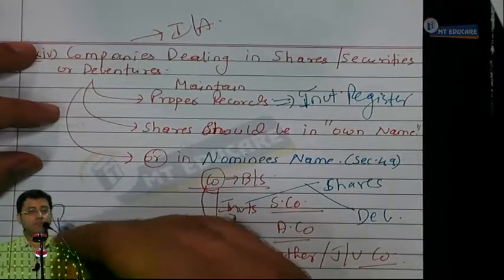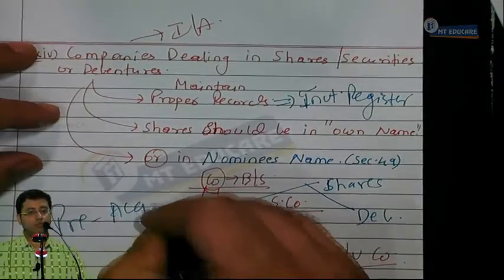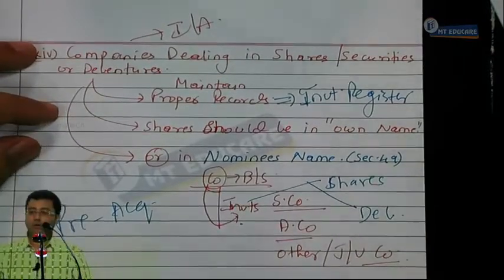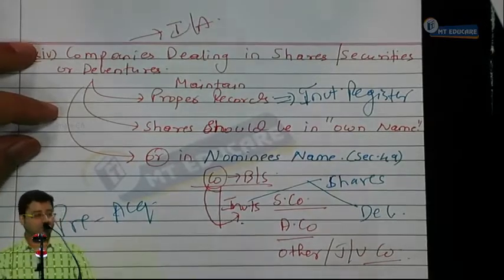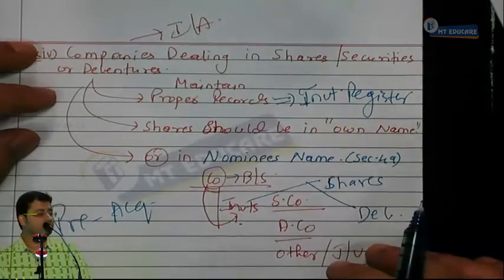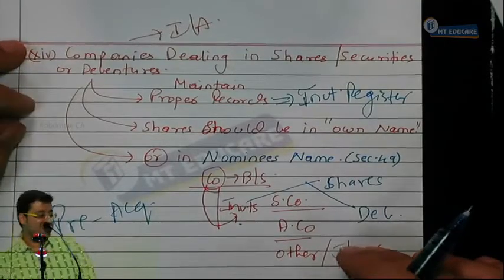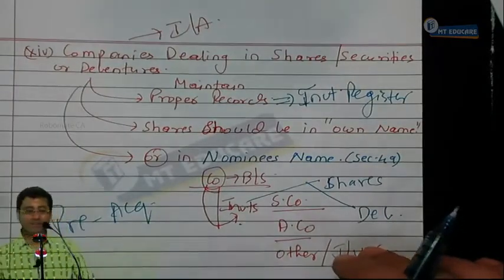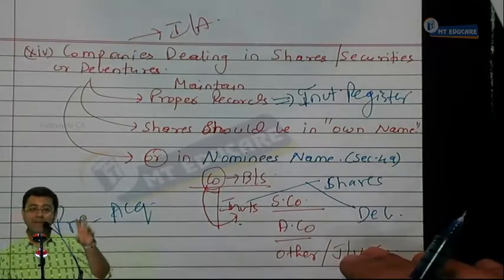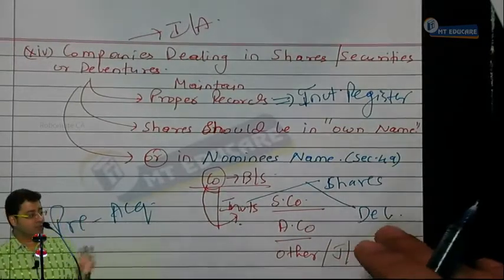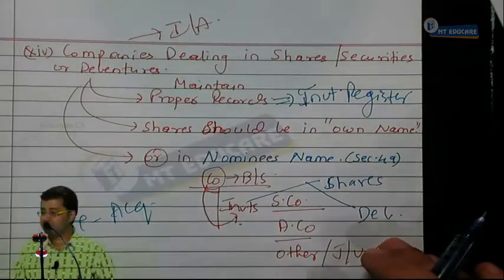Sometimes the company receives pre-acquisition dividends also. Now I don't know whether you know the concept. What is pre-acquisition dividend? Come on, tell me. What do you mean by pre-acquisition dividend? Pre-acquisition dividend is something which you receive even before you are an investor.